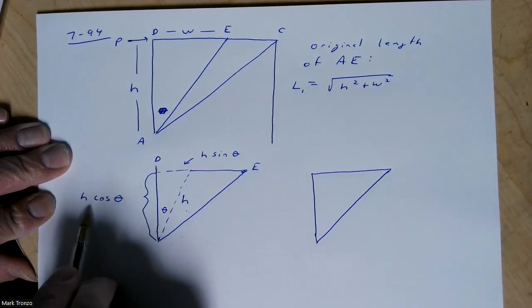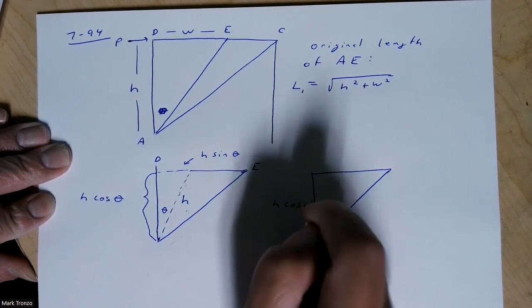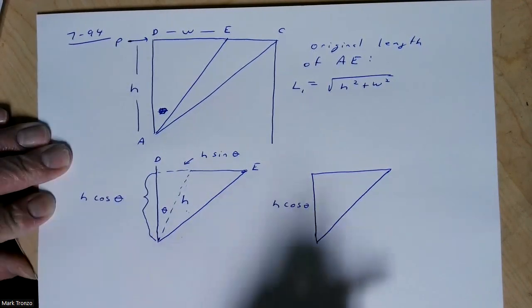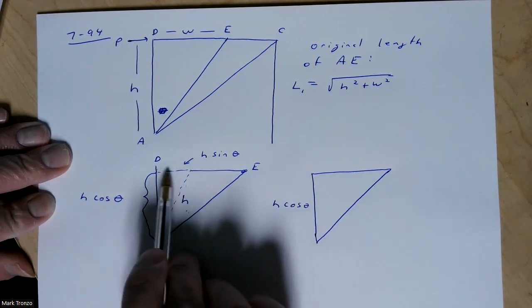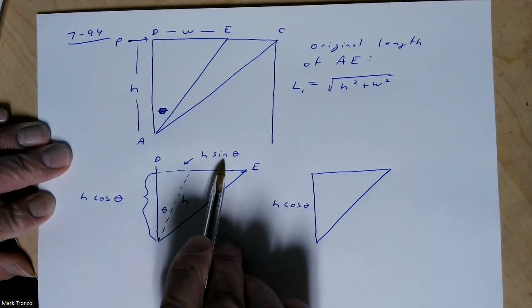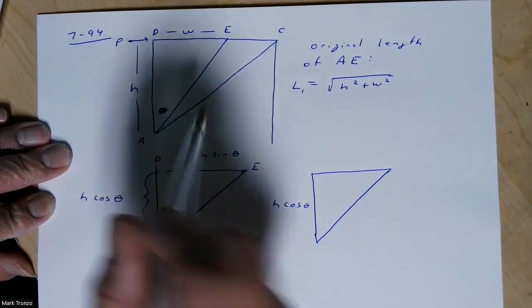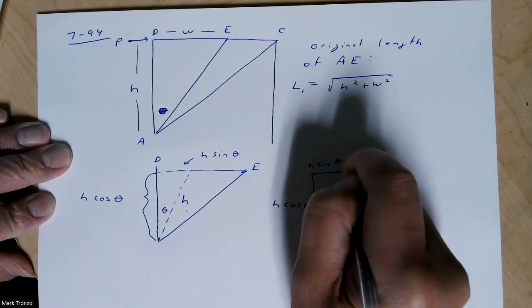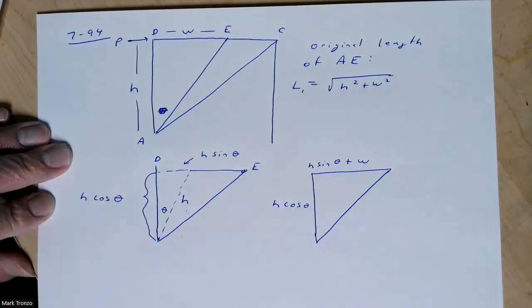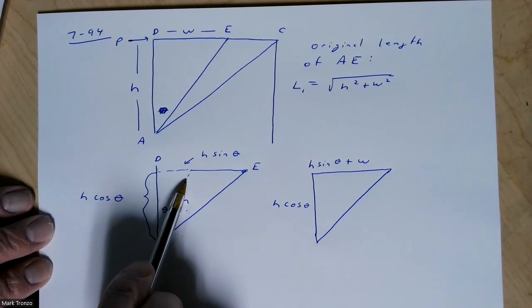We've already calculated this side: it's going to be H cos theta again, whatever H was. And this part over here, since it's moved, is H sine theta plus your original width W, because it's moved that amount.